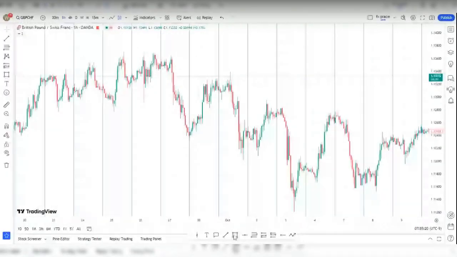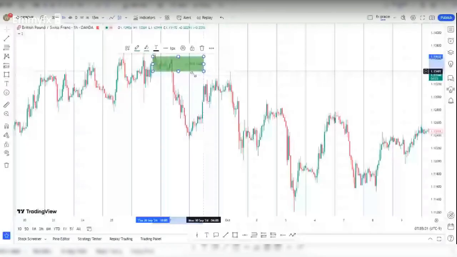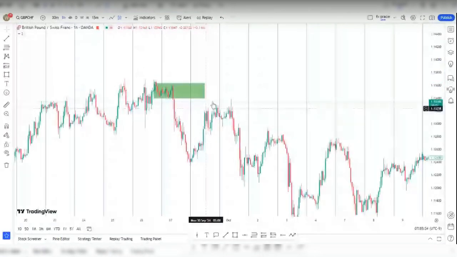Let's say this is a supply zone that we have. Let me mark it out. Why is it a supply zone? Price was moving sideways and expanded out of it. So that's our supply zone.